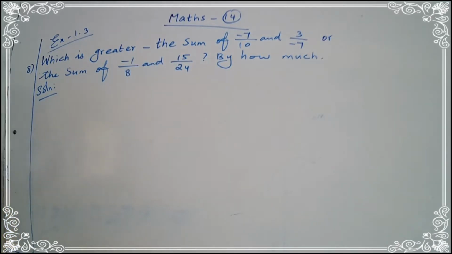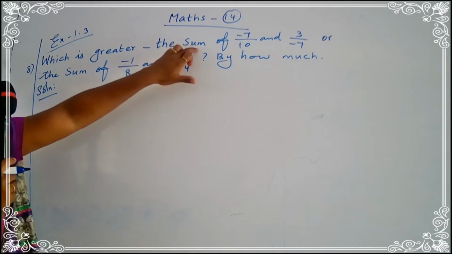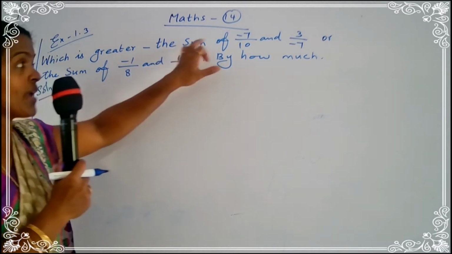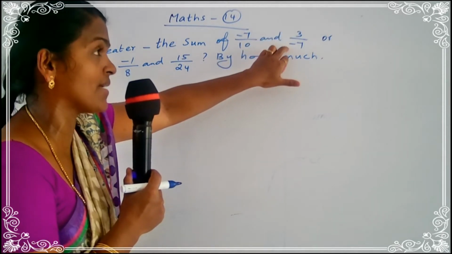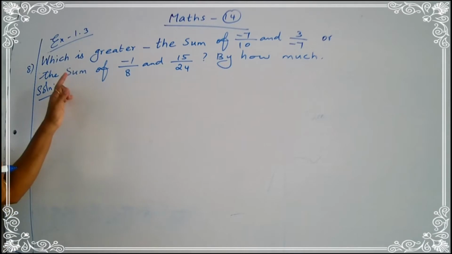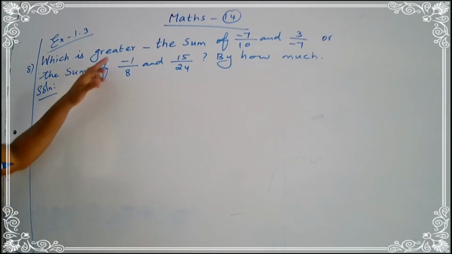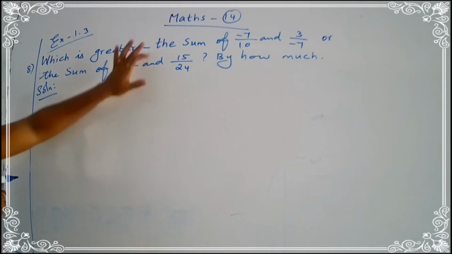So, what to do? Here it is given only in words, okay? So first we find the value of the sum of minus 7 upon 10 and 3 upon minus 7, okay children? After that, find the value of the sum of minus 1 upon 8 and 15 upon 24. Then compare the values, which one is bigger?